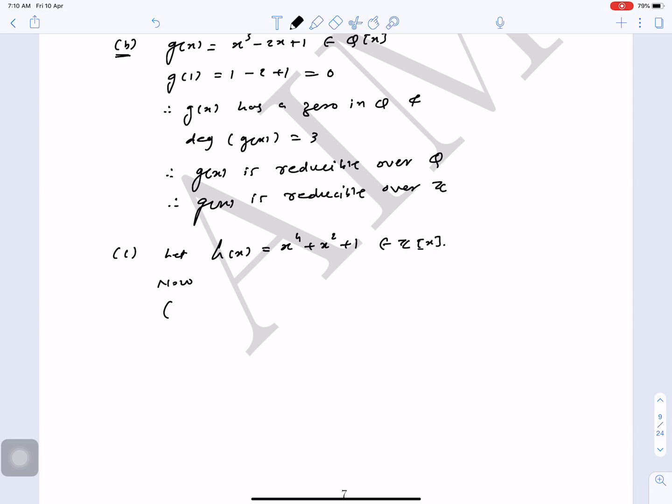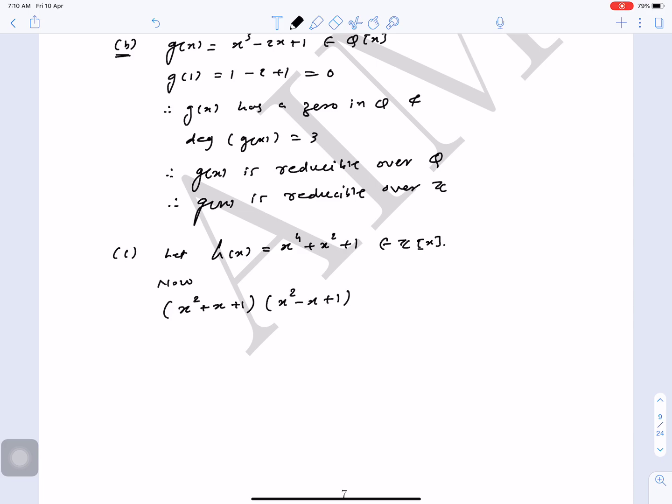See here the degree of h(x) is 4, so we can't use the result that f(x) has a zero in F if and only if it is reducible, because the degree of h(x) is not 2 or 3. But it is easy to see that you observe these two factors, x square plus x plus 1 and x square minus x plus 1.